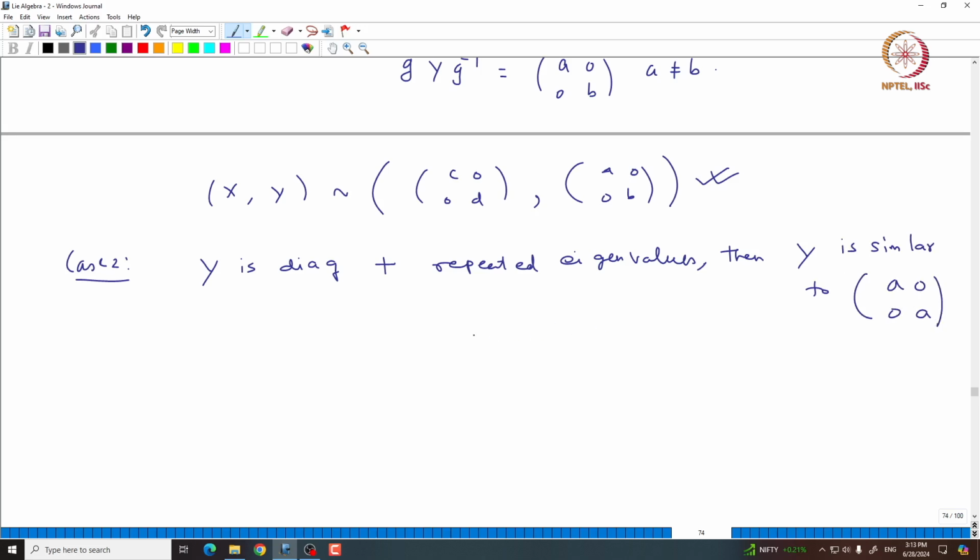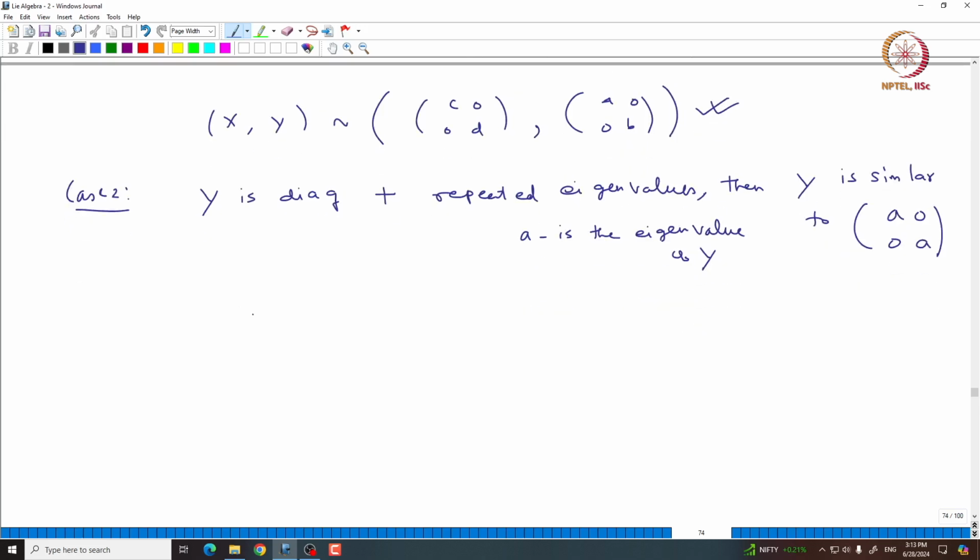Where A is the eigenvalue of y. Now note that A times identity, this scalar matrix, commutes with any matrix.